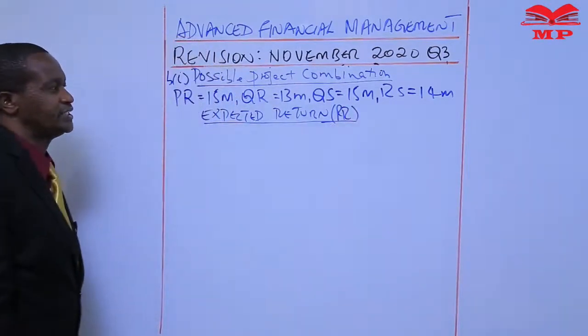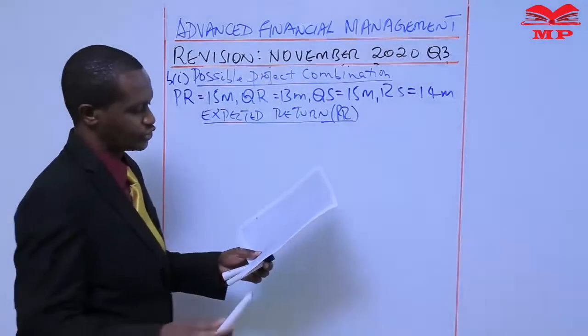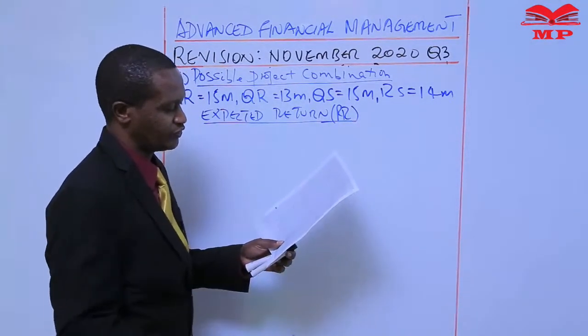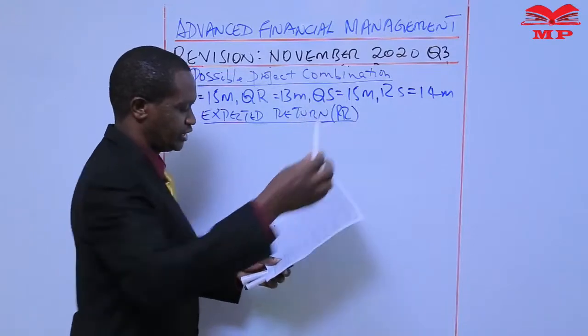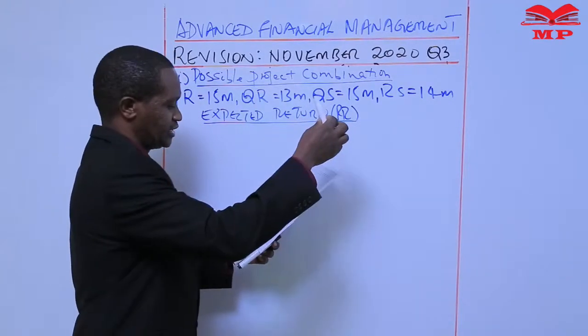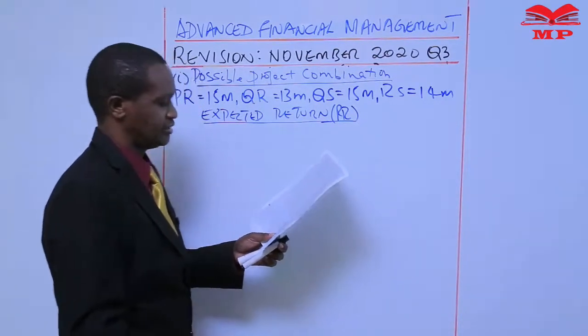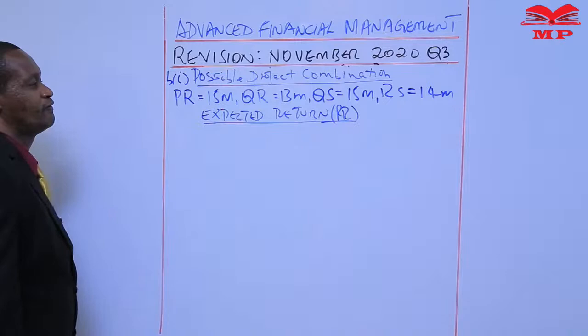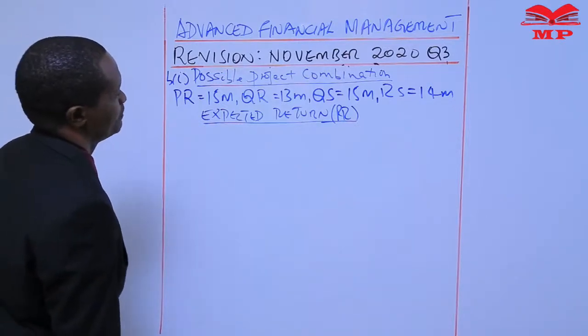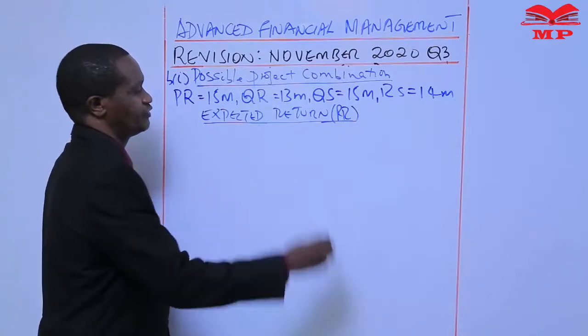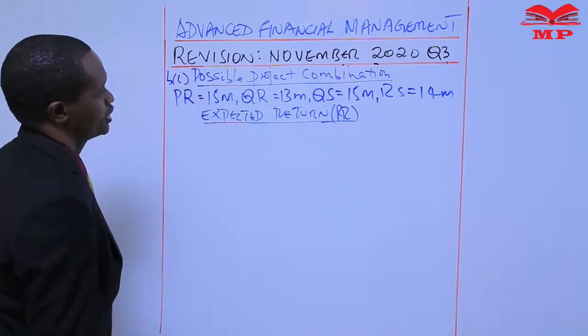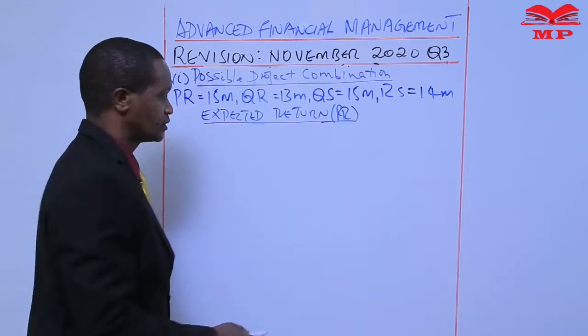To make our work easier, we will also calculate the correlation coefficient and the standard deviation for project combination PR, and so on. So, what is the expected return for project combination PR?